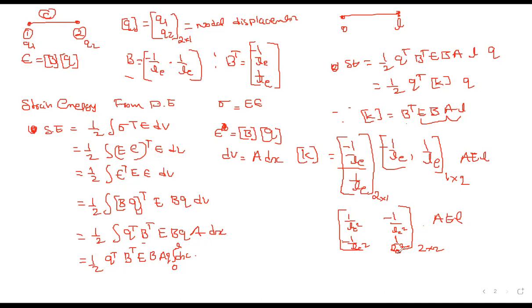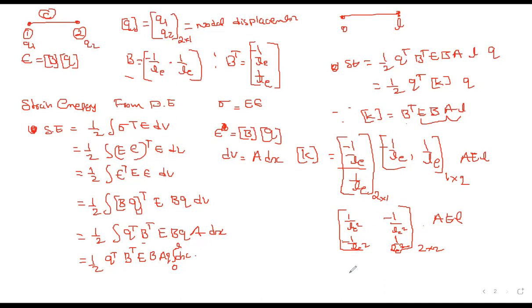Now I can take 1 by L square as a common factor from the above, so in the stiffness matrix it is possible to take the common 1 by L square.